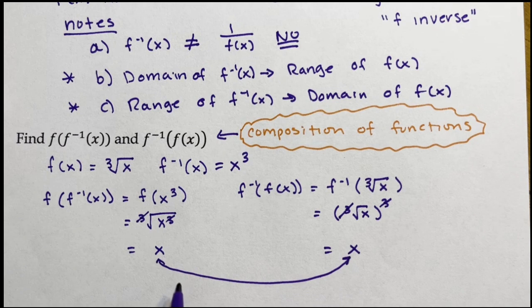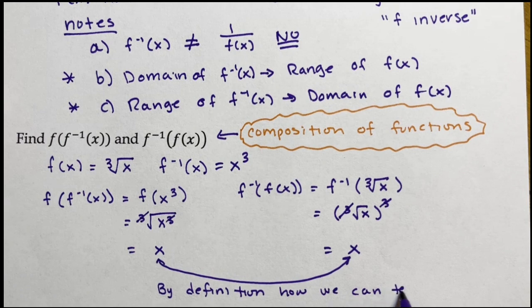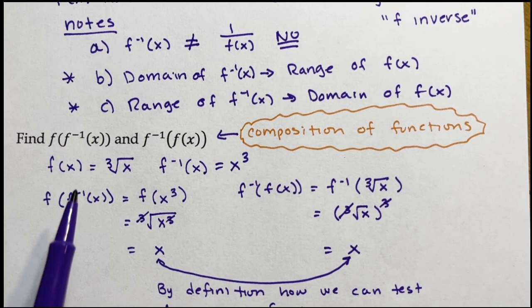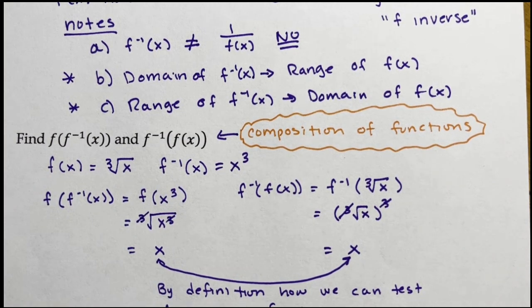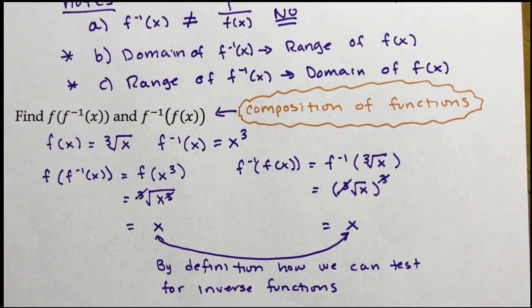This is, by definition, how we can test for inverse functions. So an inverse function is when we can find the function of an inverse and the inverse of a function and it equals x. Then we know for a fact that we have inverse functions.